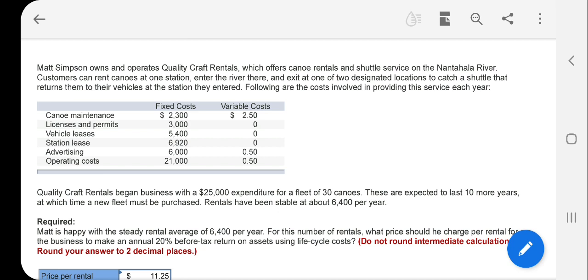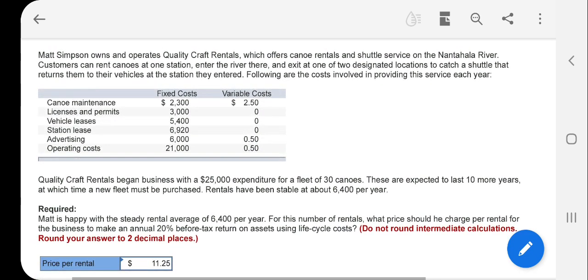The second cost is licenses and permits, 3,000 per year, and then vehicle leases, 5,400 per year, station lease, 6,920 per year, advertising, 6,000 per year plus 50 cents per rental. And then operating cost 21,000 per year plus 50 cents per rental.